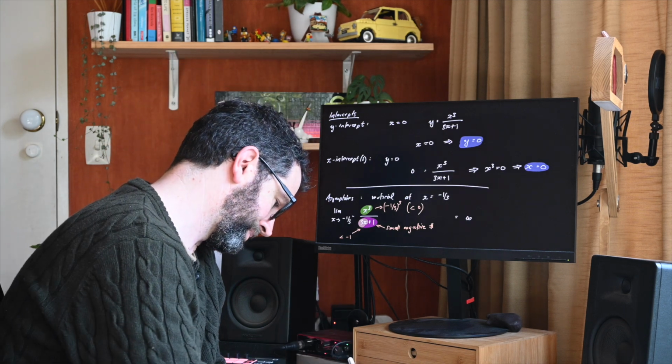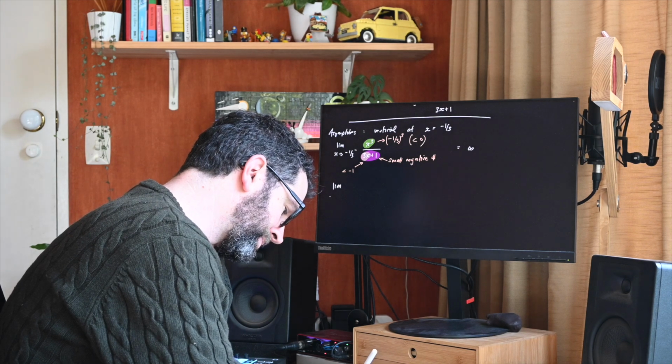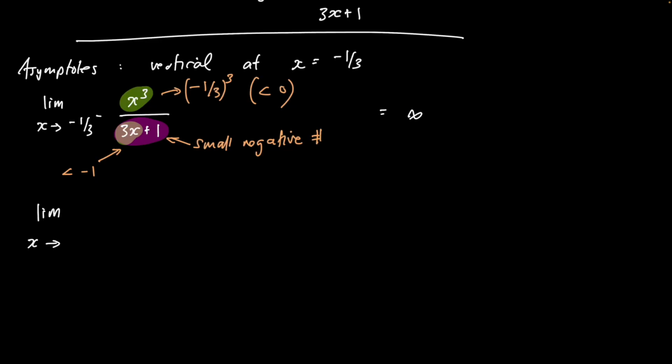So that limit is overall going to be negative something over a tiny negative number, which gives us positive infinity, negative over a negative. We can do the same exercise as x goes to negative 1/3 from the right of the same function. And once again, the top goes to a negative number.